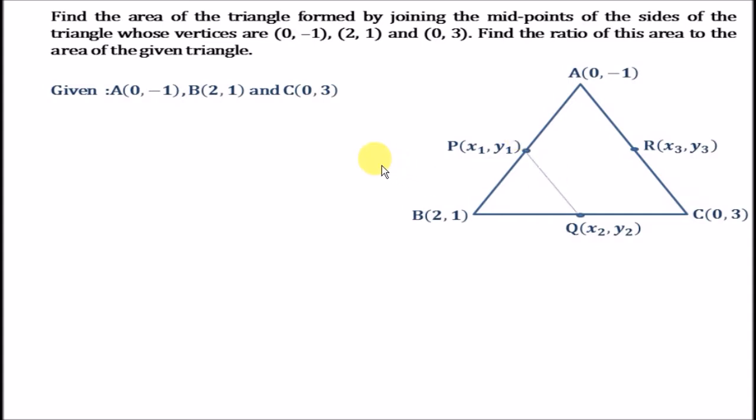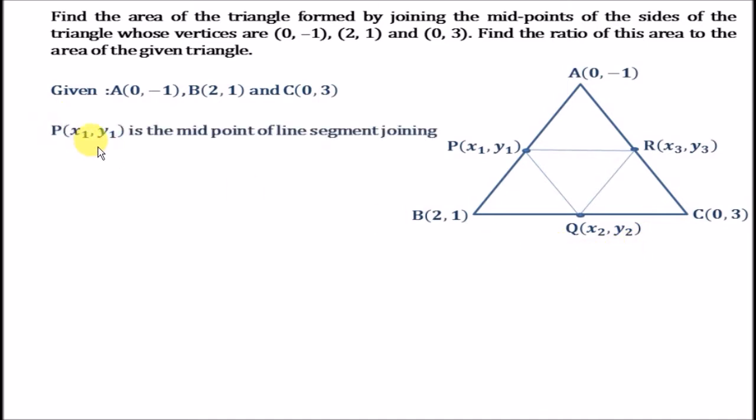Now on joining these midpoints, we will get triangle PQR, and this is the triangle for which we need to calculate the area first. The coordinates are unknown to us, so first and foremost we will find the coordinates of points P, Q and R.